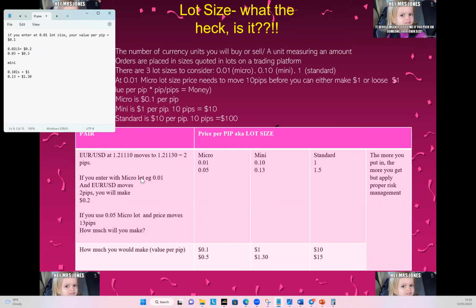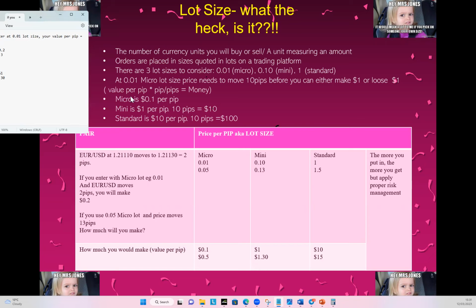If you enter your trade with the smallest lot size, which is 0.01, the value for that 0.01, as I mentioned, is 0.10 dollars. So in order to work out how much cash you will make, where it says value per pip, you need to times 0.1 times the number of pips.